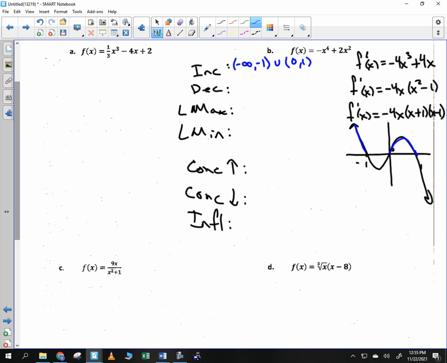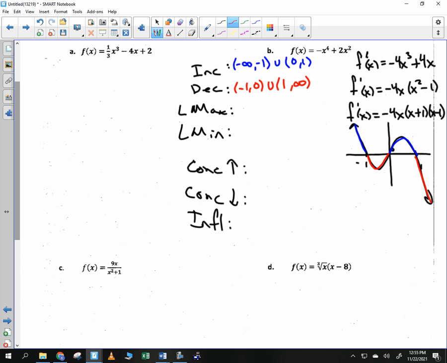Decreasing wherever the first derivative is negative. Notice that these are intervals. I'm going to actually find a coordinate here, okay?